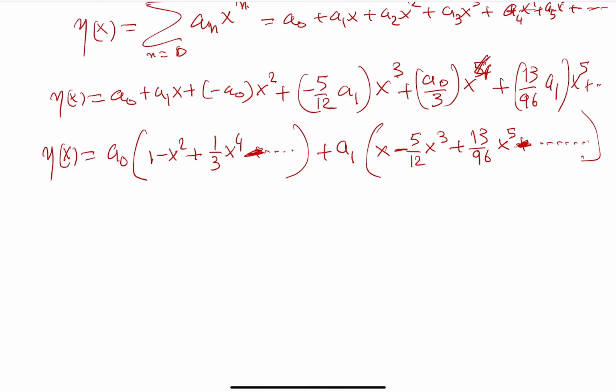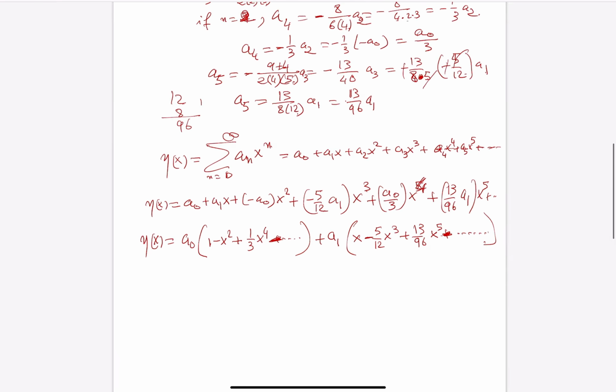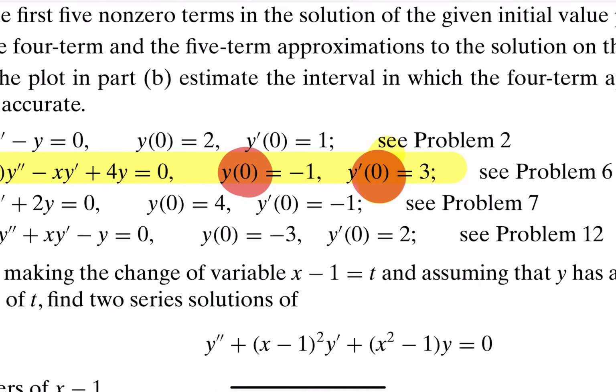So the question they ask you may be something different, or the question they ask you is just to find the initial values given, those y(0) is equal to 1 and y prime of 0 is equal to 3.